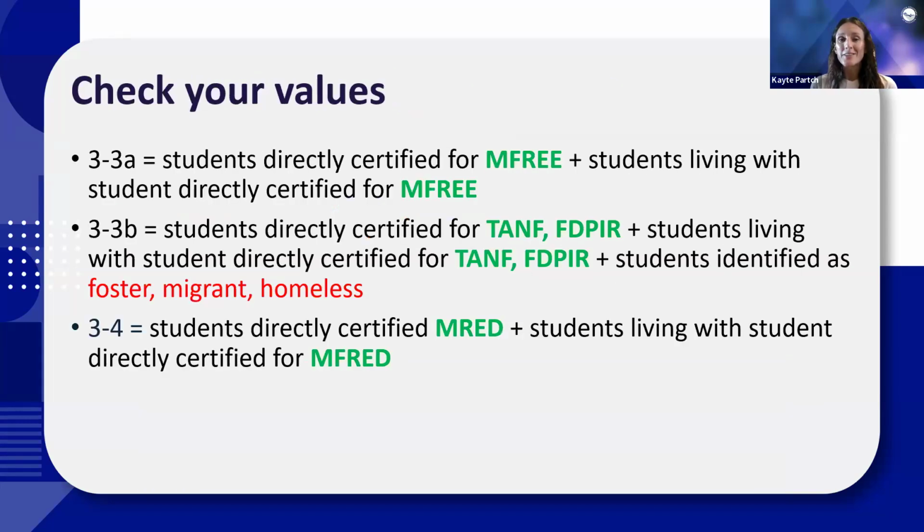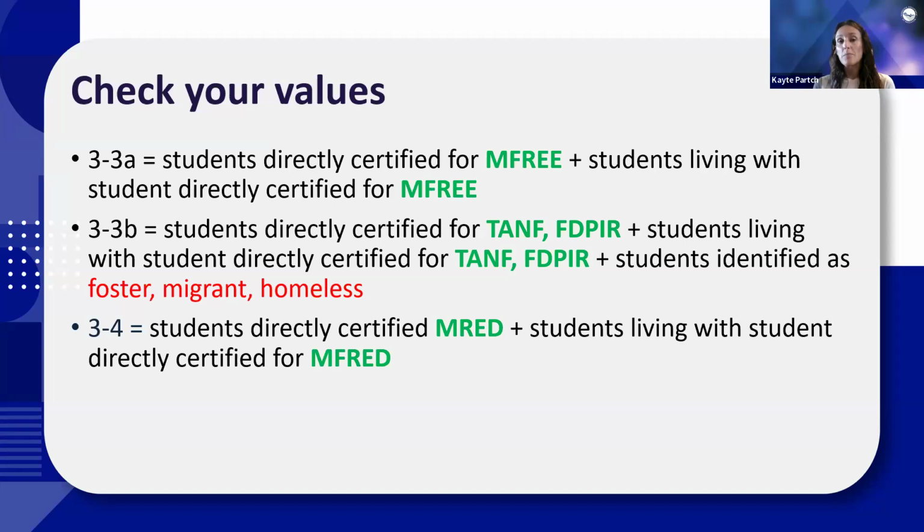This is one more reminder to please check your values. For 3-3A, you're including those students directly certified for Medicaid free, as well as any other students who live with that student or a student directly certified for Medicaid free.